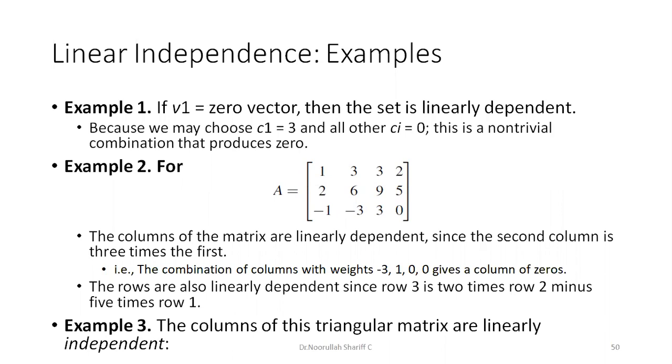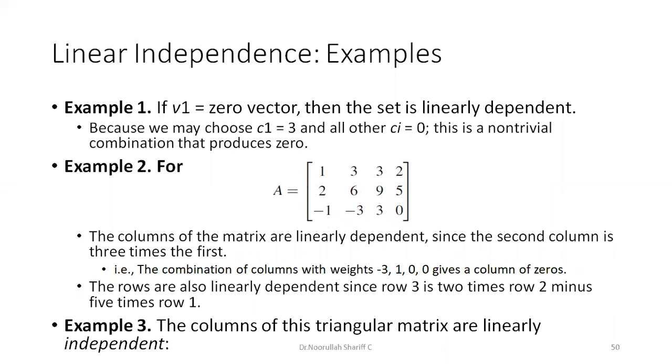Next example which we are considering is A equal to the same example which we started, 1 3 3 2, 2 6 6 9, 5 -1 -3 3 0. Now see here, this multiplied by 3 is equal to this. If I multiply this column by 3, 3 into 1 will give me 3, 3 into 2 will give me 6, 3 into -1 will give me -3.